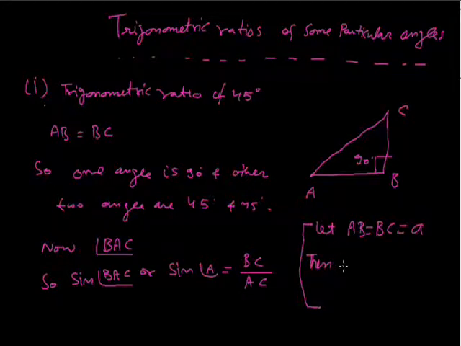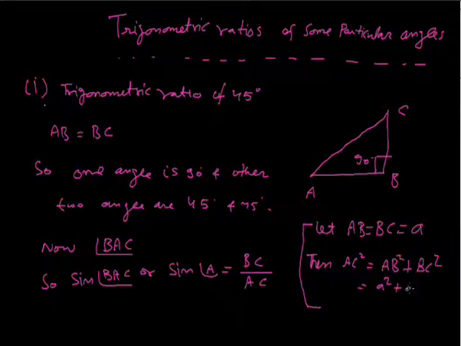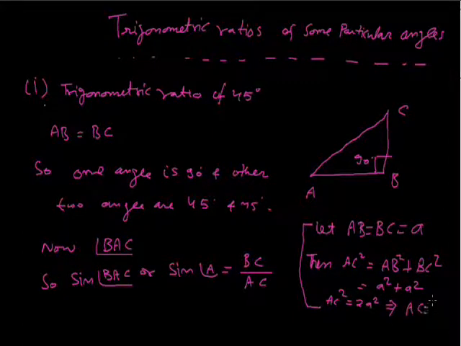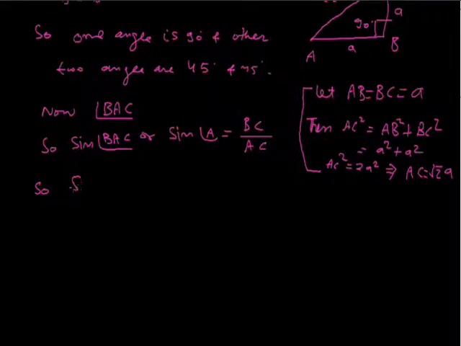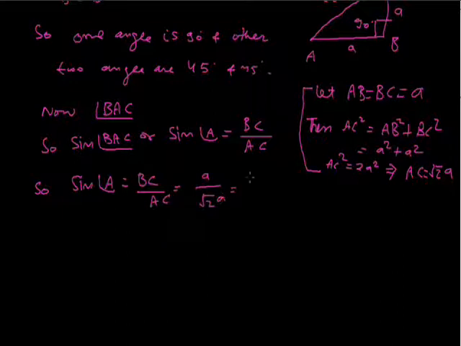Then AC square equal to AB square plus BC square, a square plus a square, equal to 2a square. AC equal to under root 2 a. So sin A equal to BC by AC equal to 1 upon under root 2.